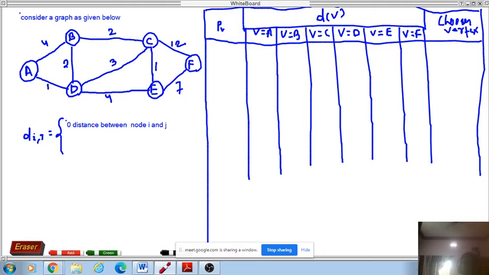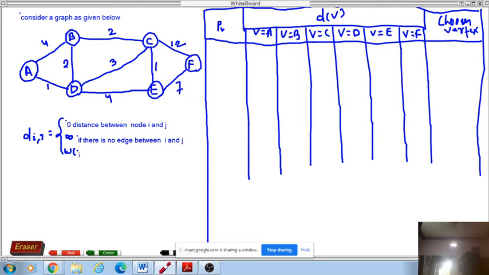Or it will be infinity. As I have already told, infinity means there is no edge between i and j. Otherwise it will be the weight of ij.